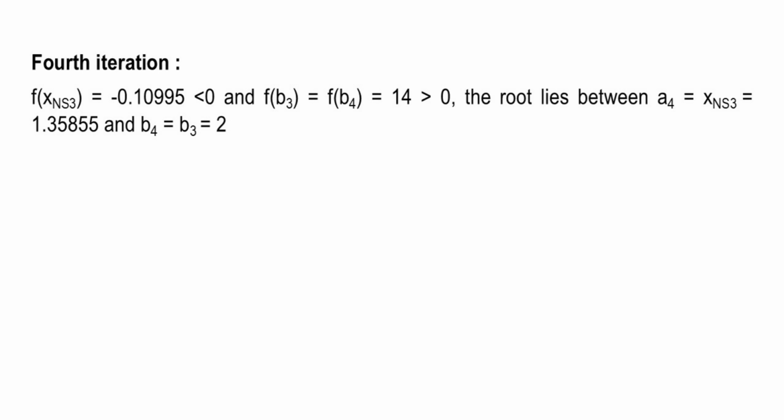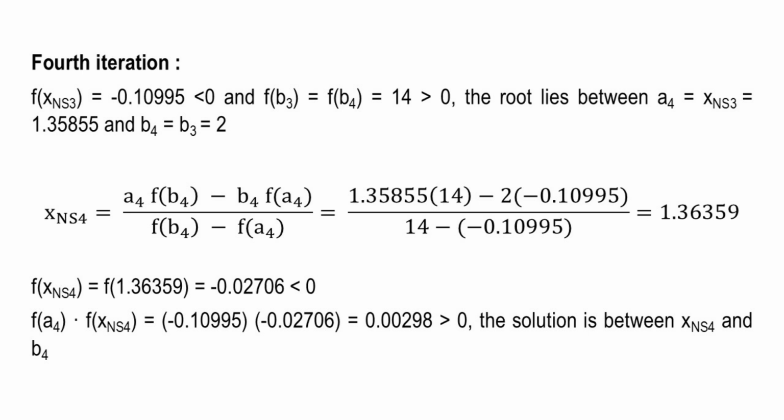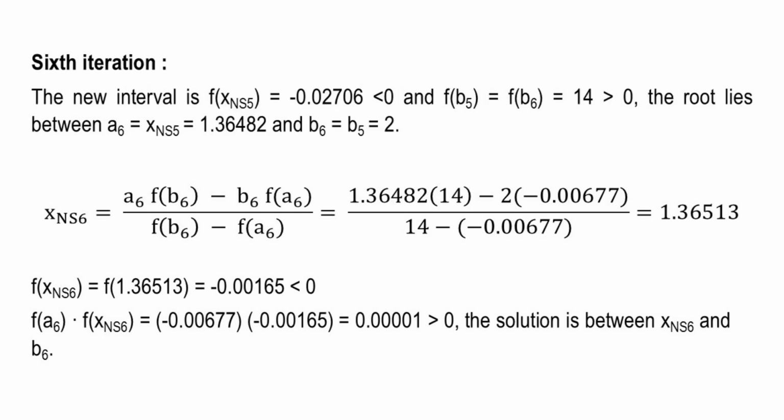Now the new interval has a sub 4 equal to x sub ns3, 1.35855, and b sub 4 equal to b sub 3, 2. Solving for the value of x sub ns4, the result is 1.36359. And solving for f(x sub ns4), the resulting value is minus 0.02706. Continuing the iteration up to the 10th iteration.